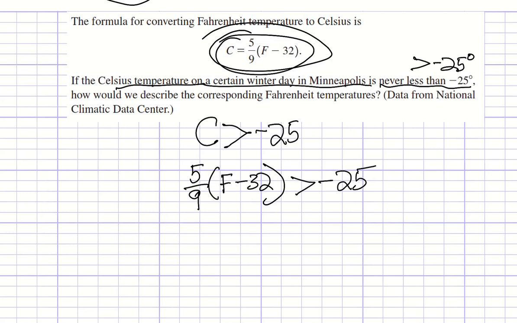The trick is to multiply both sides by 9. If you do that, you get 5 times (F minus 32). If you multiply by 9, it knocks that thing out.